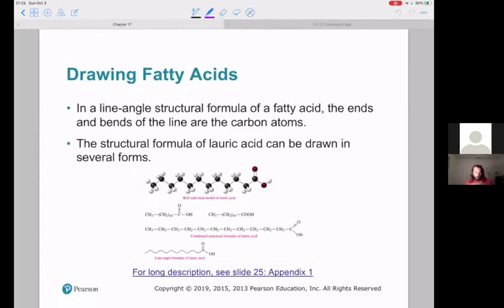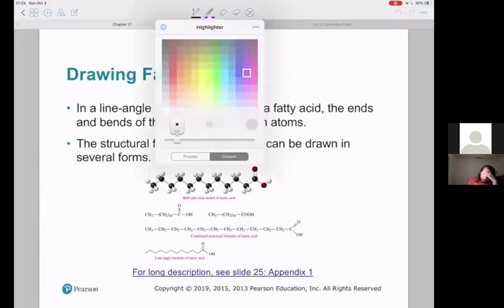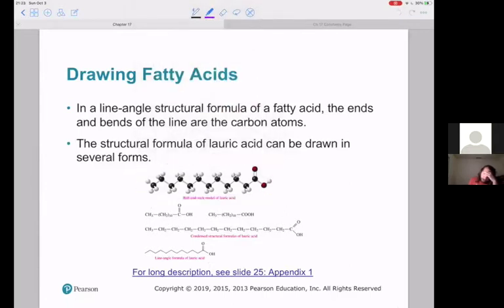When we represent our fatty acids, first of all, if you were a fancy computer program, we got this ball and stick kind of structure. Here's our carboxylic acid. Here is that long hydrocarbon tail end.